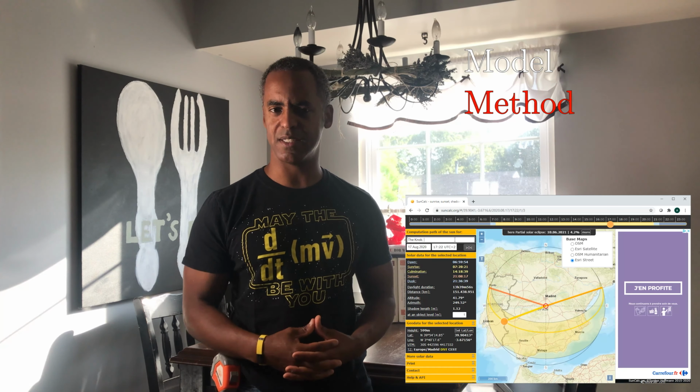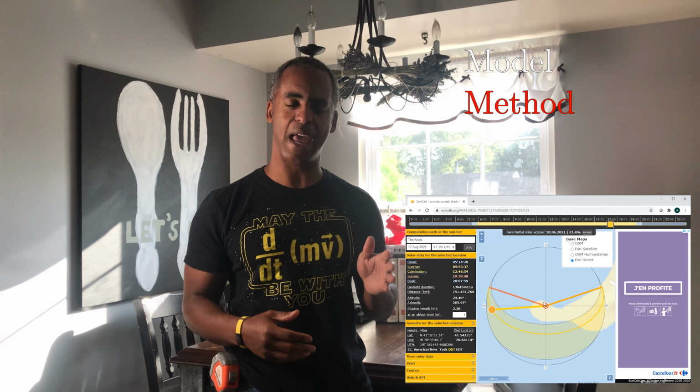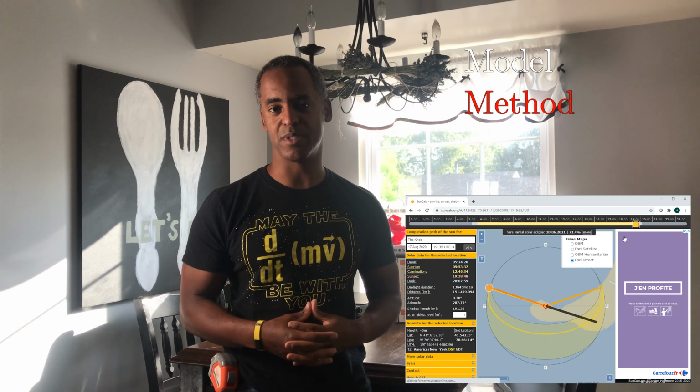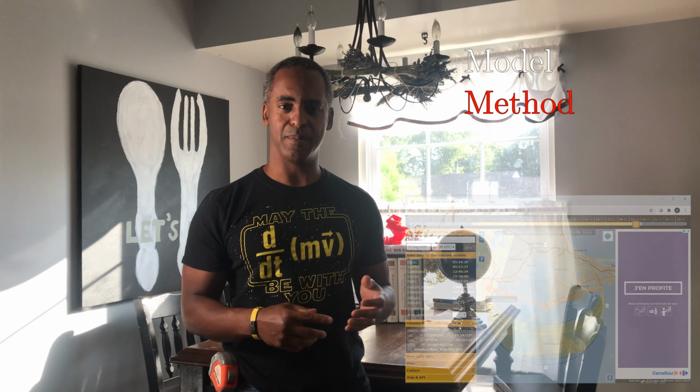So this cuts off part of the sunset. Here I recommend that you use a tool called SunCalc, and I'll put a link in the description, that helps you determine the true path of the sun at either the sunrise or the sunset from your position on a given date. So that's the model and the method.